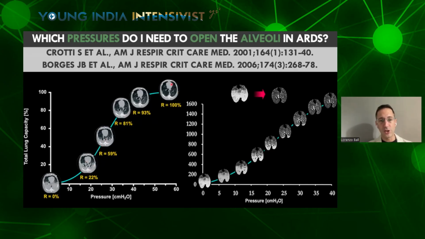If we want to achieve a completely open lung, which has been the idea of many researchers for a lot of time, we sometimes have to apply very high pressure. And this is, of course, not feasible for reasons that are not related to the behavior of the lungs, but to the fact that we are not treating the lungs, we are treating our patients.